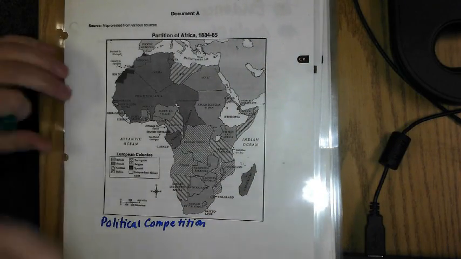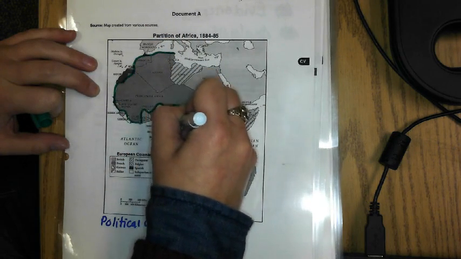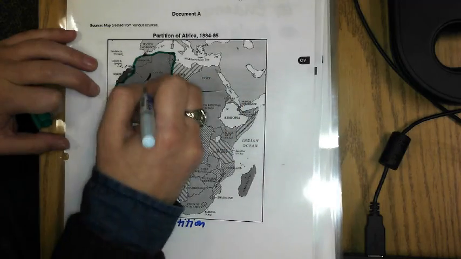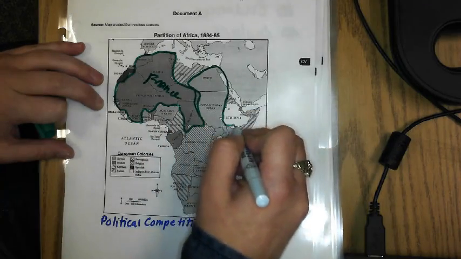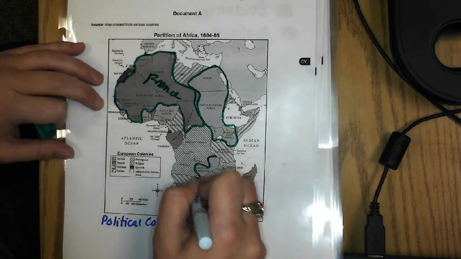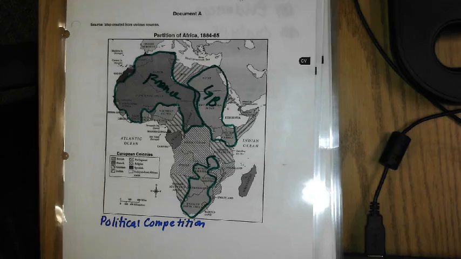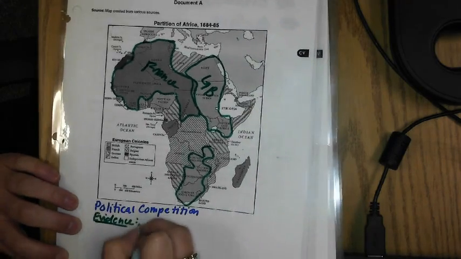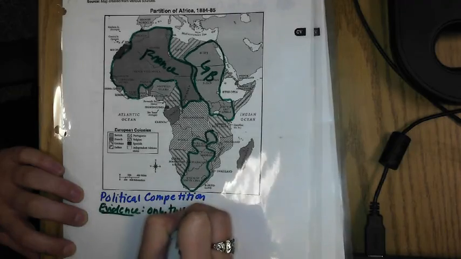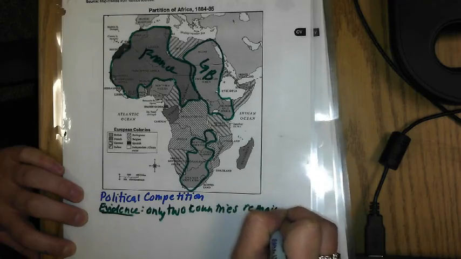And you can see that because the specific pieces of evidence here, this whole part of Africa is all France, while this entire part of Africa is all Great Britain. And so the evidence here, the specific piece of evidence, is that only two countries remained independent.